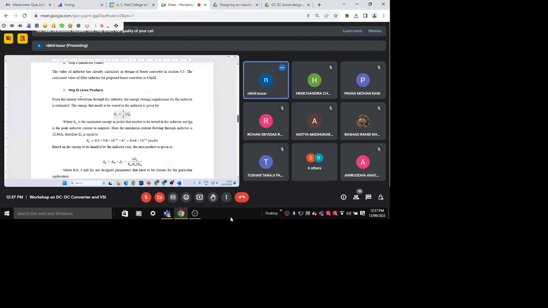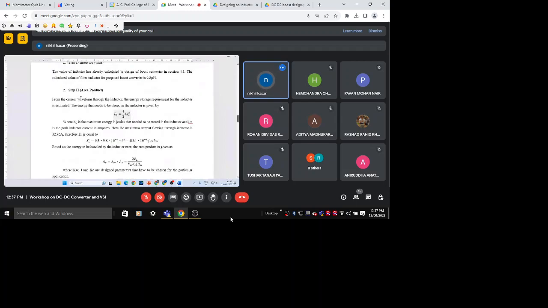Okay, this is nothing but the area product of the window area AW and the core area.